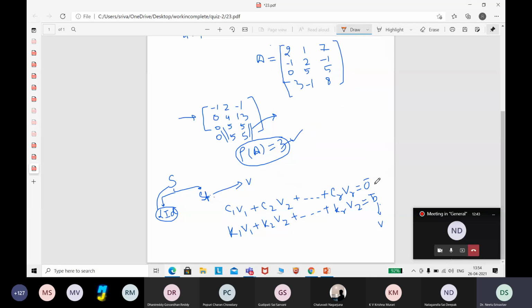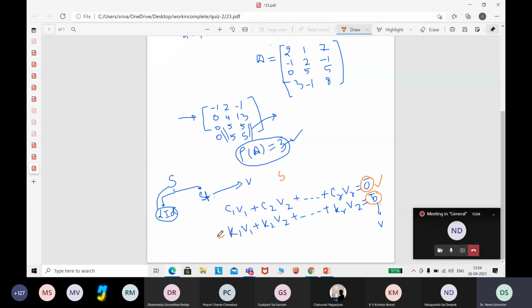This is homogeneous and this is non-homogeneous. Correct? But on the right side and left side, you can see the elements from S only. Okay, so I can write two conditions.